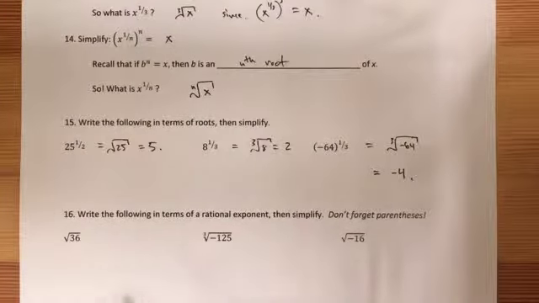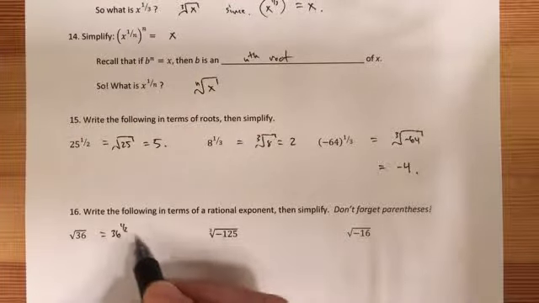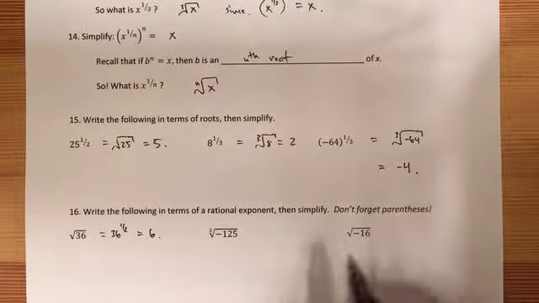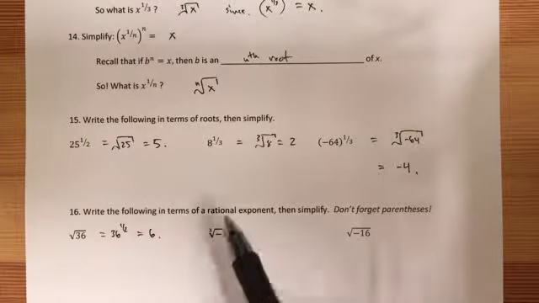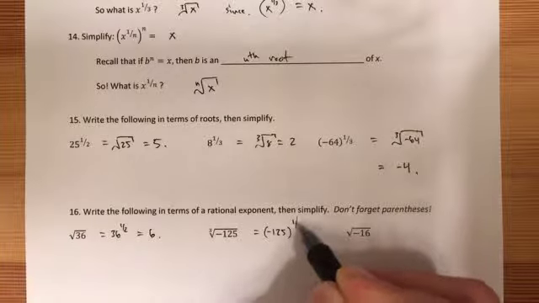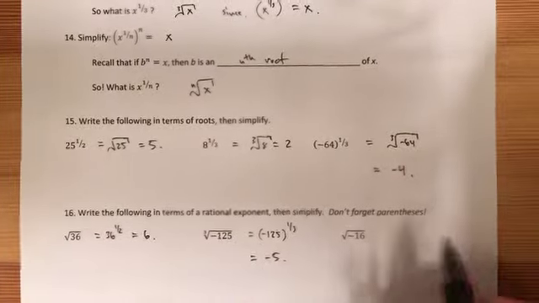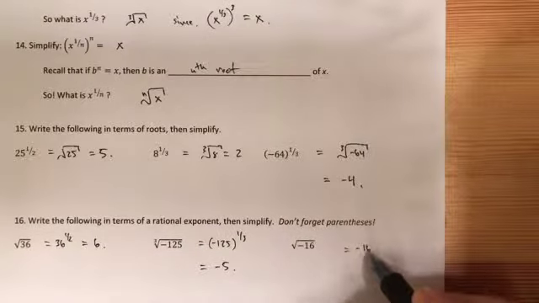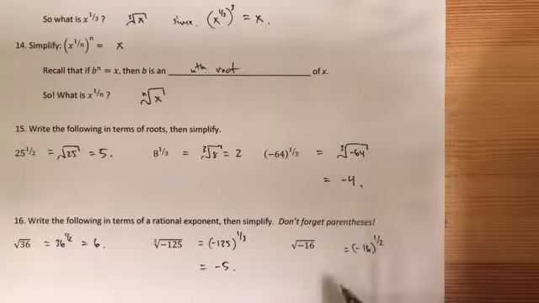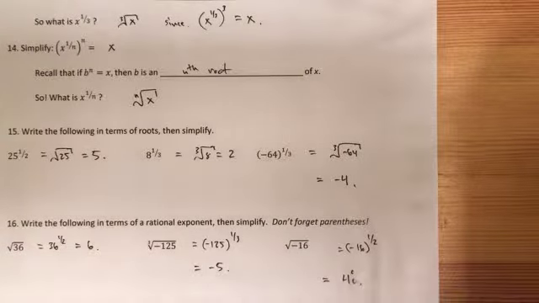Going the other way, if we have a square root of 36, we could write this as 36 to the 1/2, which we know is 6. This we know would be negative 125 to the 1/3 power, and that's the cube root of negative 125, which is negative 5. And this would be negative 16 to the 1/2, which is technically 4i, right?